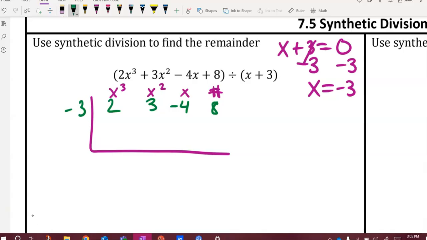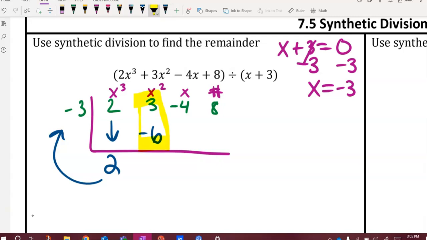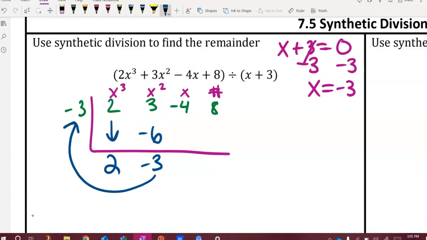All right, so how do we get started? We bring down the 2 below, and we multiply. 2 times negative 3 is negative 6. Now we add 3 minus 6. That leaves us with negative 3. Next, negative 3 times negative 3 is positive 9.